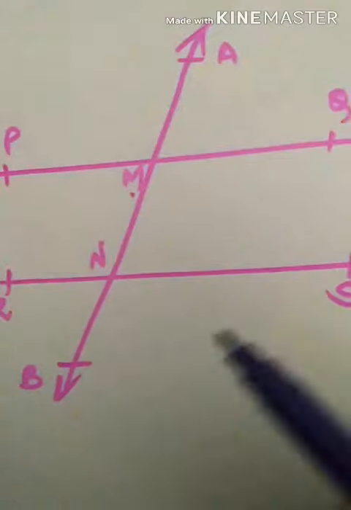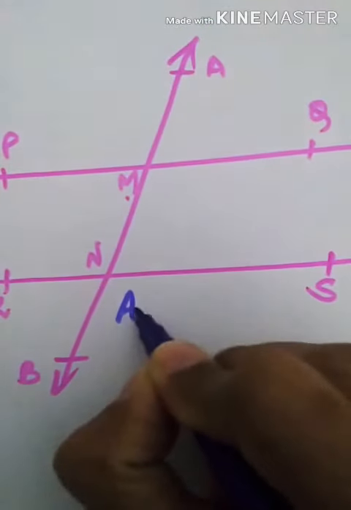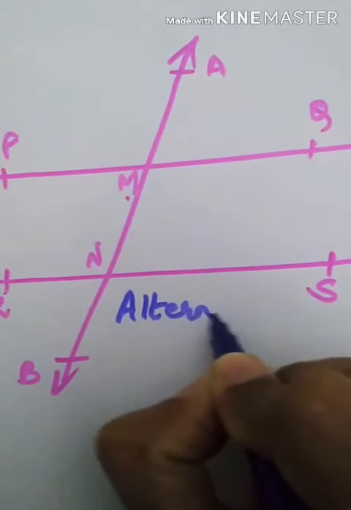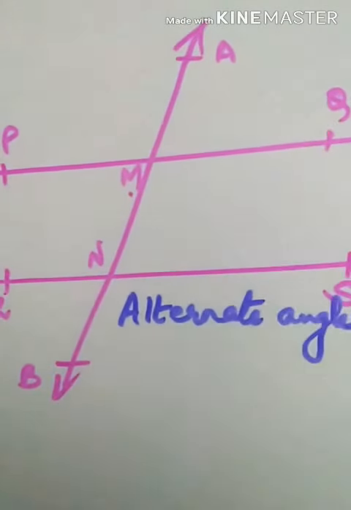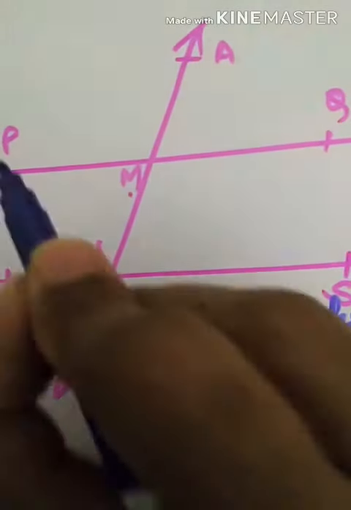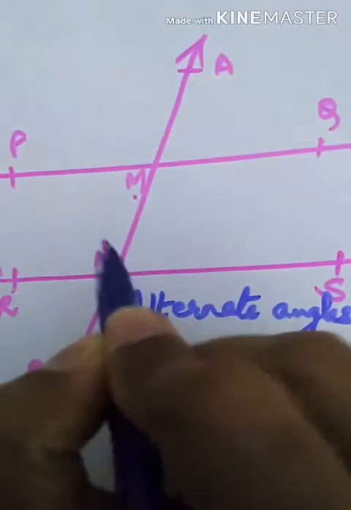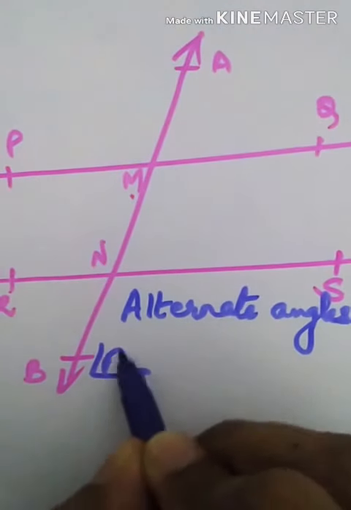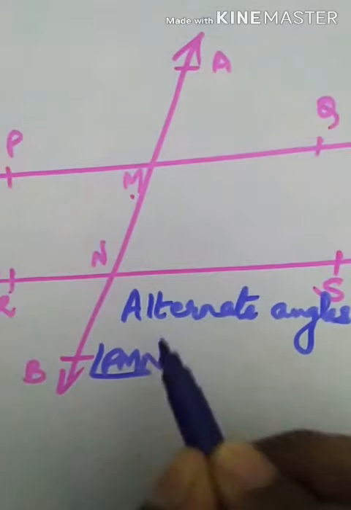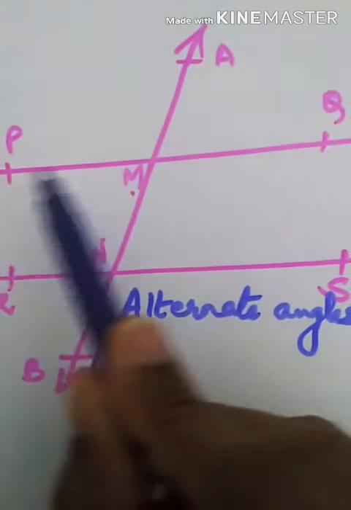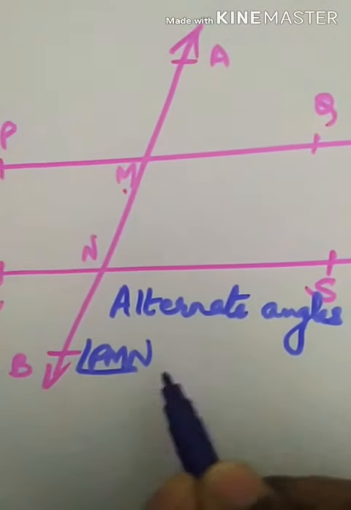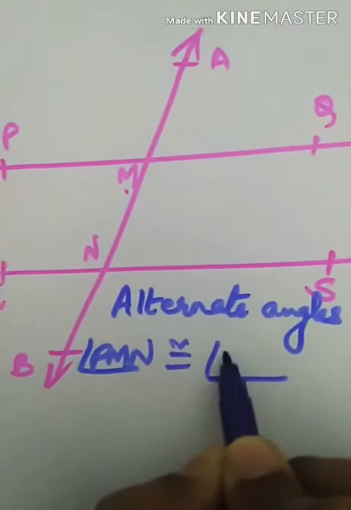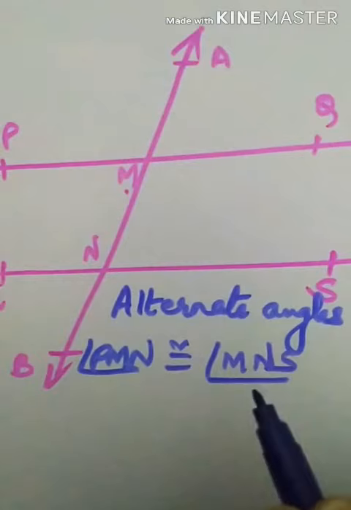Now, let us quickly write the names of the alternate angles which are congruent for these parallel lines. The alternate angles congruent are angle PMN, Z figure, no? Z shape. Angle PMN, this is angle PMN, and angle MNS congruent to angle MNS.